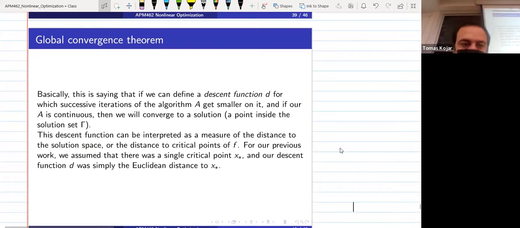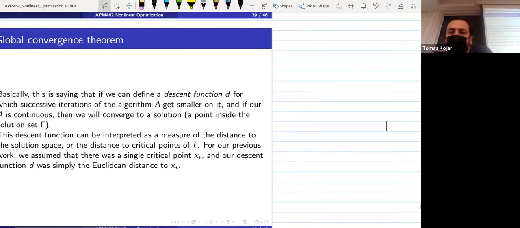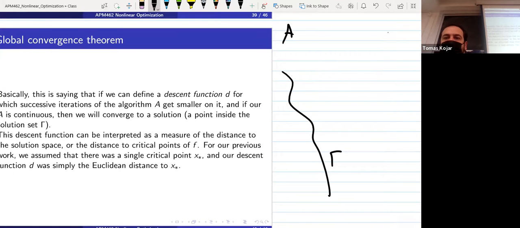Yeah, okay, so let's explain what's going on. I should have put a pause here. So we have this space gamma, and we have that A of xk sends you to the next step, xk plus 1.